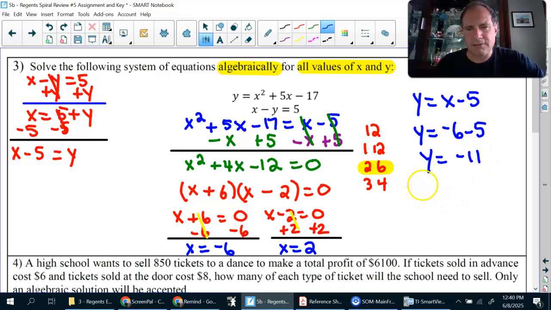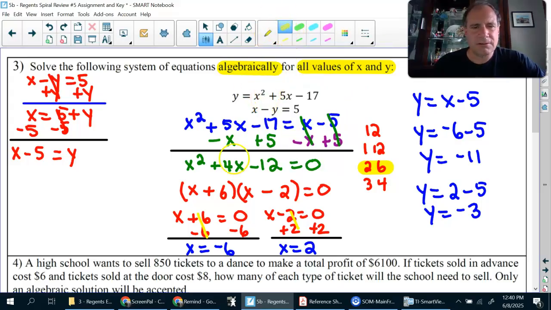When x is 2, y equals 2 minus 5, so y equals negative 3. So what we have here is the value of x and the value of y.